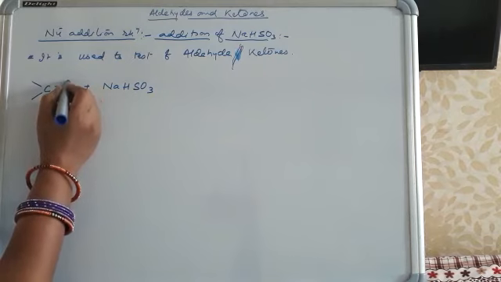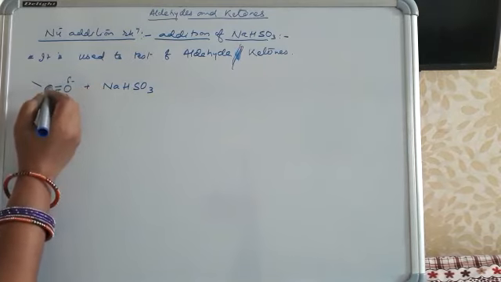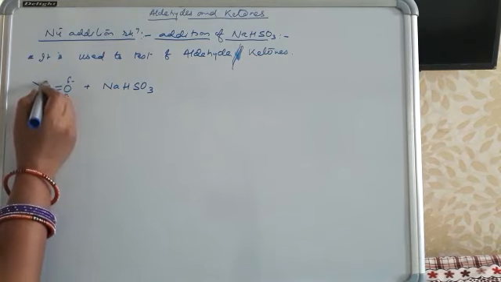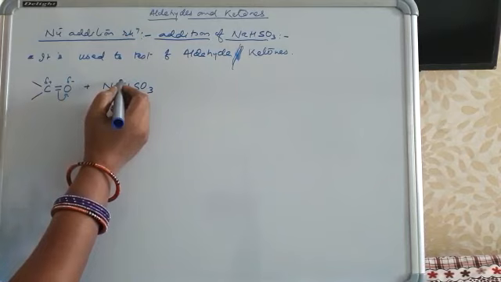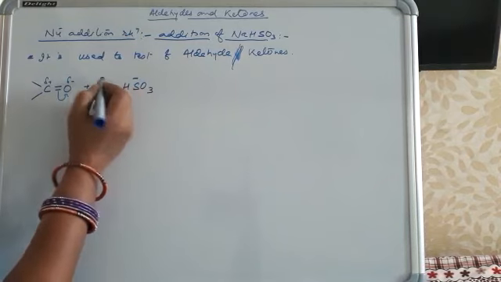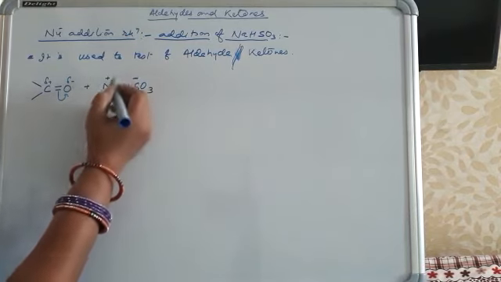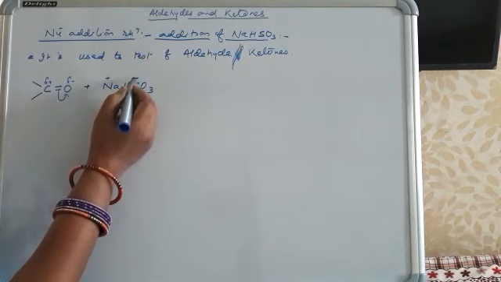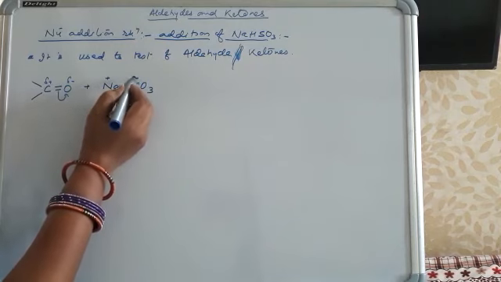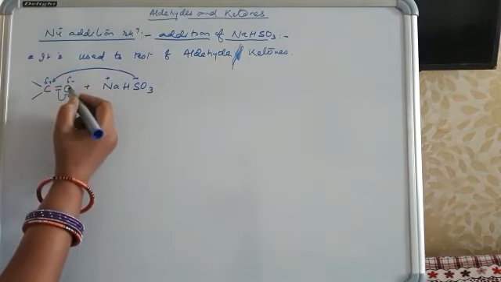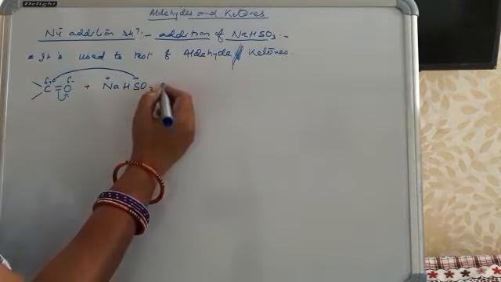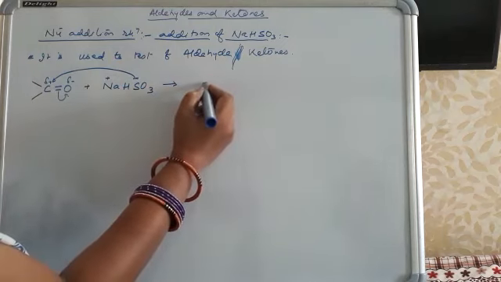In that condition, the oxygen acquires negative charge and carbon acquires positive charge. And this species, the metal contains positive and this anion part contains negative charge. So this anion part goes towards the electrophilic center.